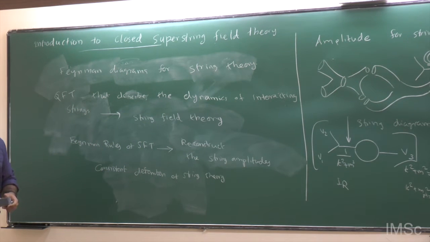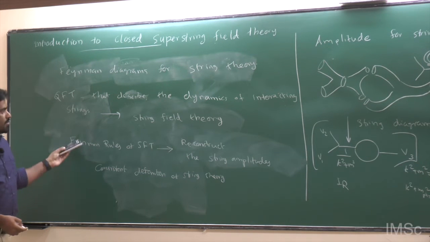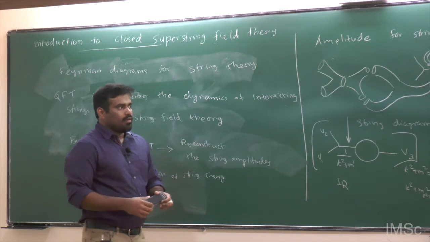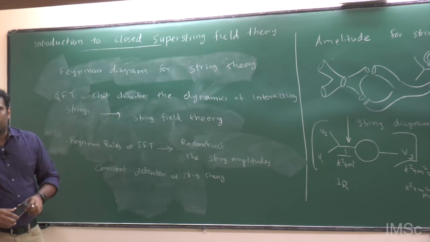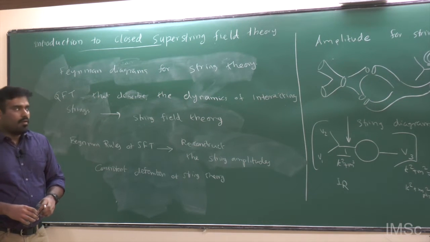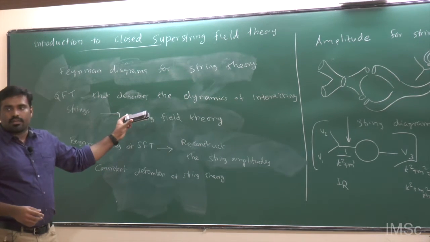Yes. Whether you can really use that quantum field theory to get the full non-perturbative information or not depends on whether you will be able to solve that quantum field theory. Right? So if you can solve string field theory, the expectation is that you should be able to get the full definition of string theory. Even the dualities you should be able to recover. But that depends on whether you can solve the theory or not.